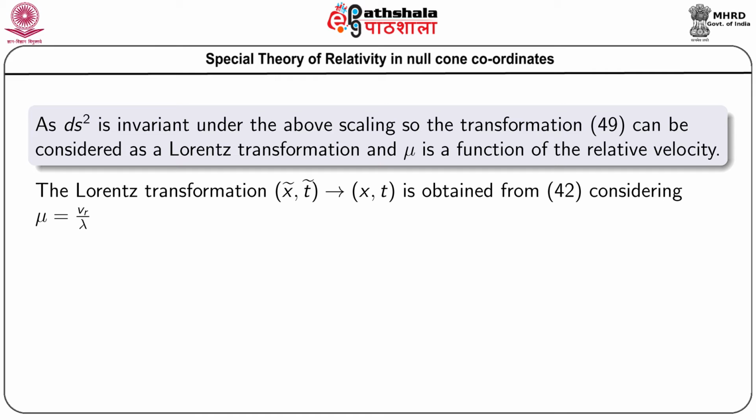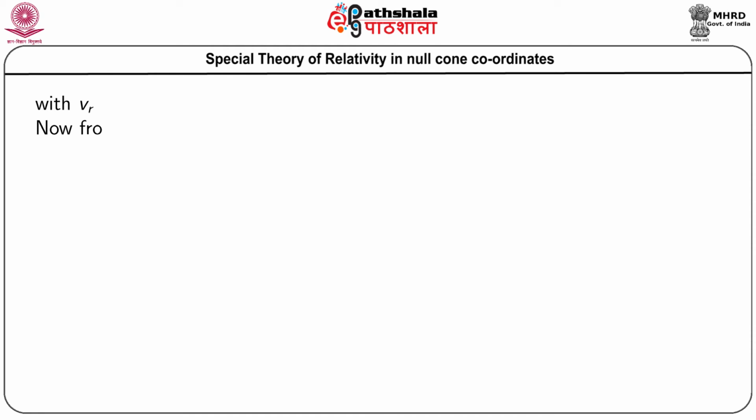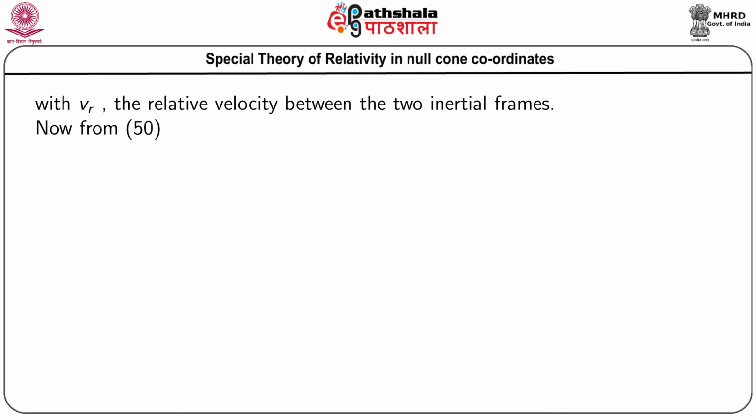Using the Lorentz transformation, t̃ equals (t minus V_r x/λ²) over the root of 1 minus V_r²/λ², and x̃ equals (x minus V_r t) over the root of 1 minus V_r²/λ², with V_r the relative velocity between the two inertial frames.